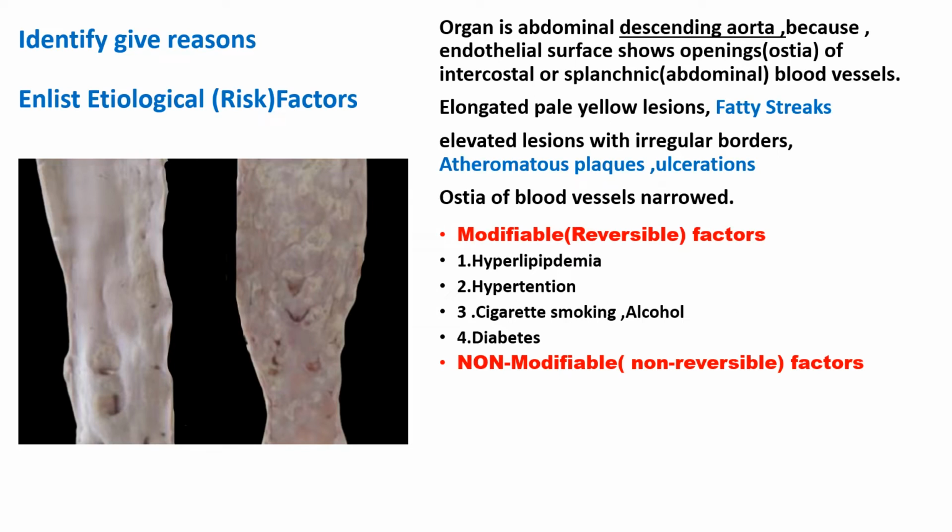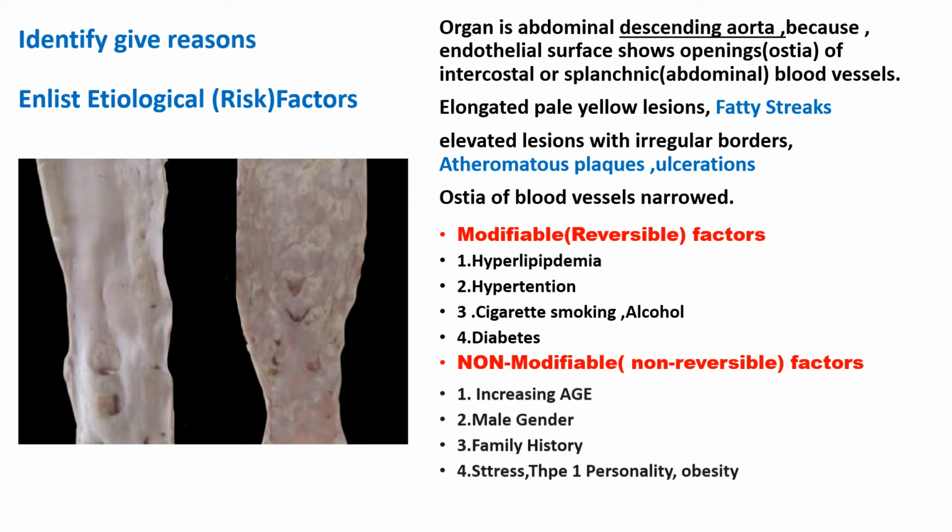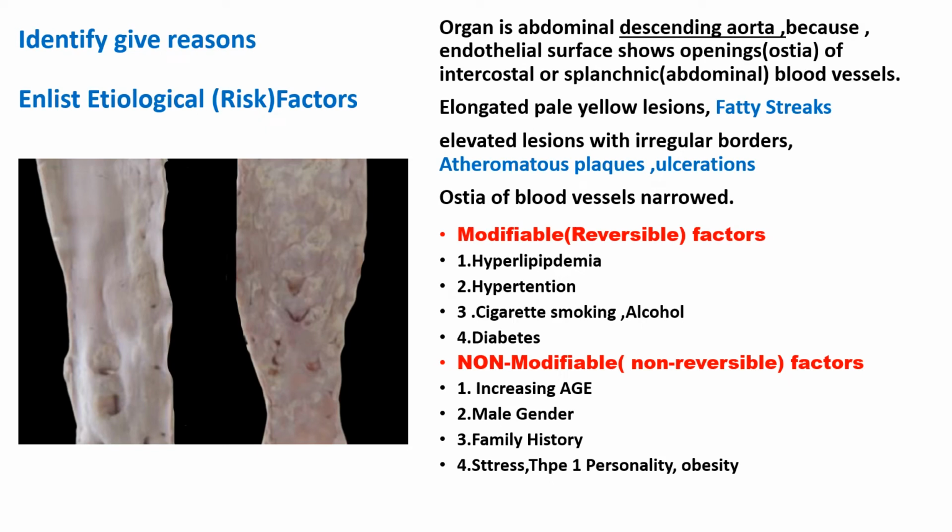Non-modifiable factors include increasing age, male gender. Now in females up to the menopause, they are protected because of the estrogen, but post-menopausal they are also at the risk. Family history. Then the fourth factor is stress, type 1 personality, and obesity. These are not reversible factors. So atherosclerosis of aorta.